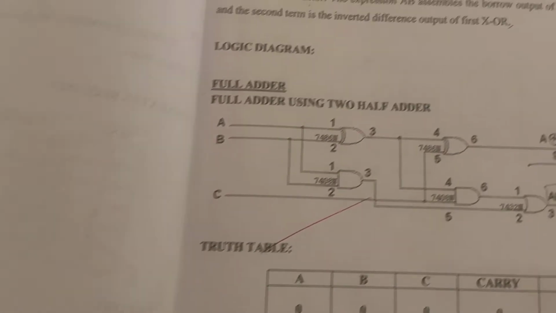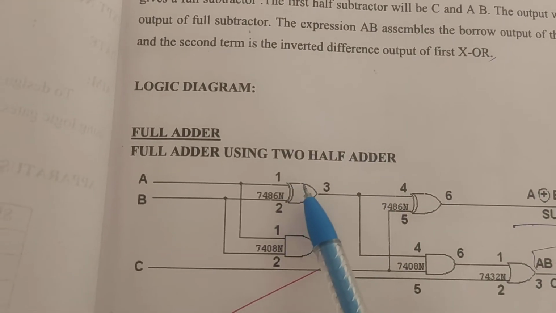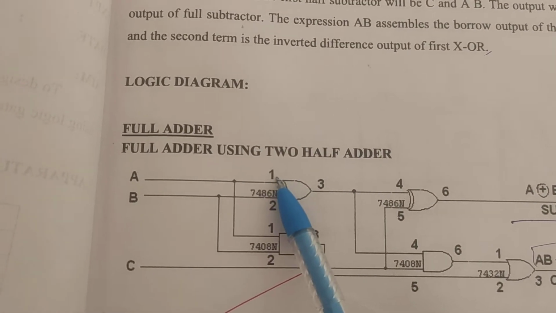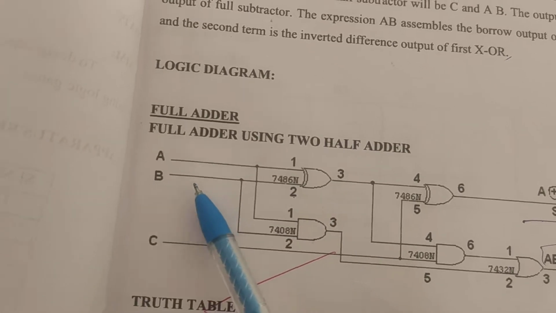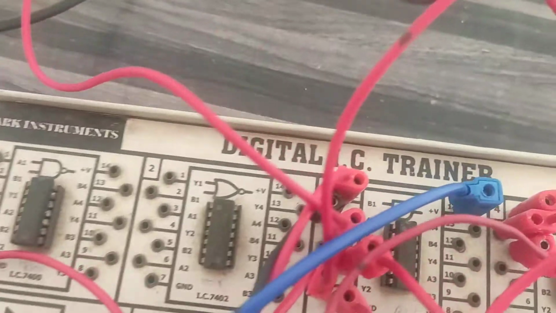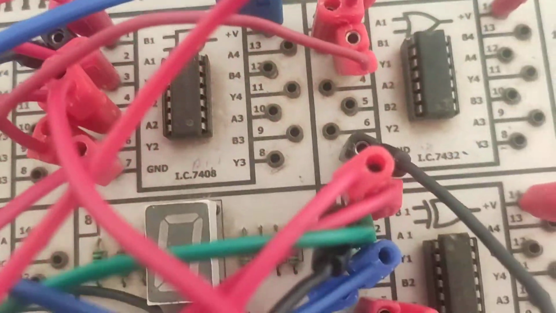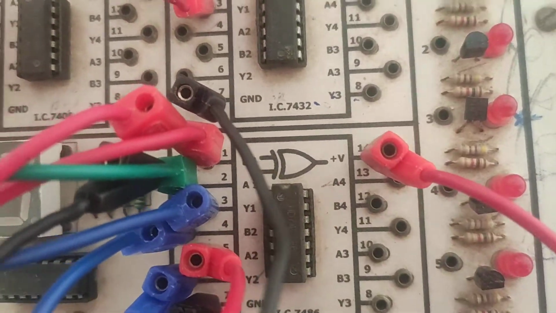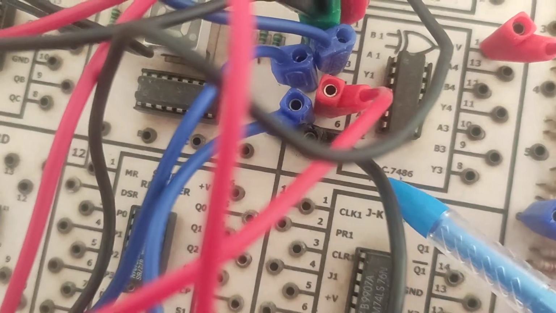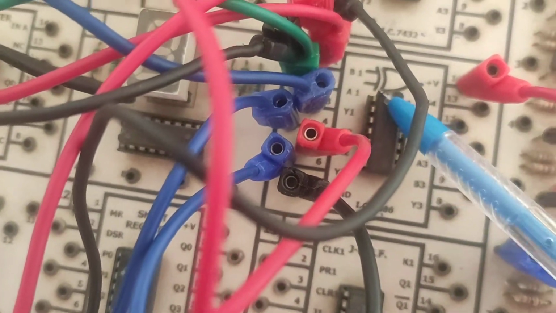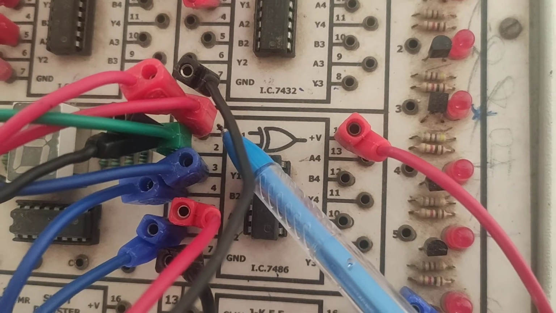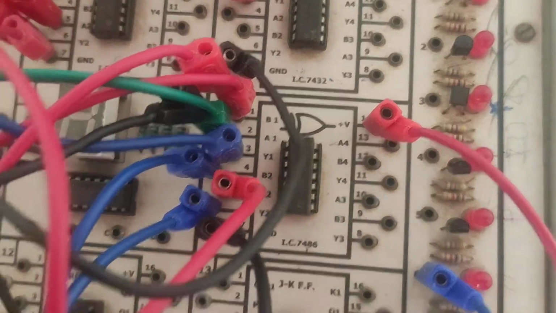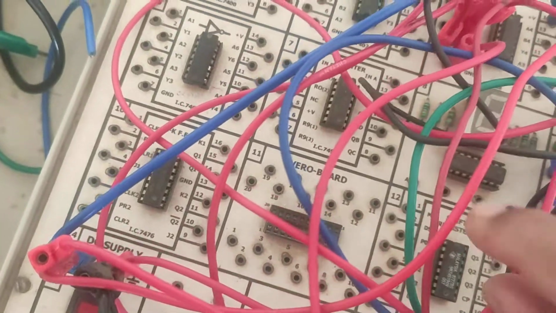Now see the connections in the logic circuit diagram. For the XOR gate, the inputs of XOR gate 1 are nothing but input A and B. See, the XOR gate IC input pin number 1 is given the connection of this input.